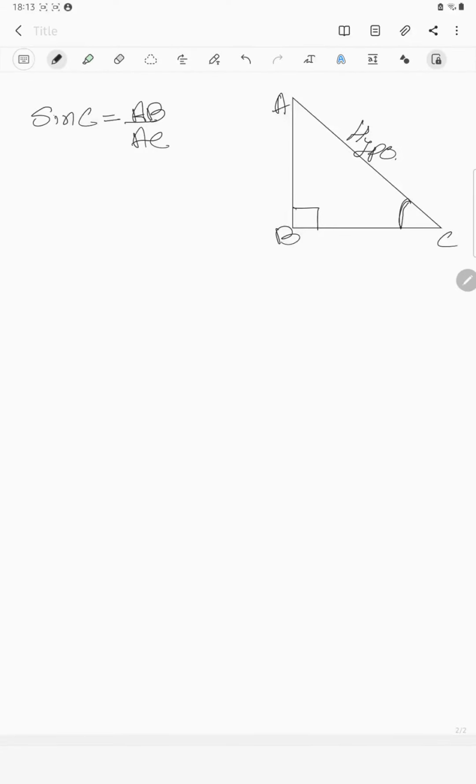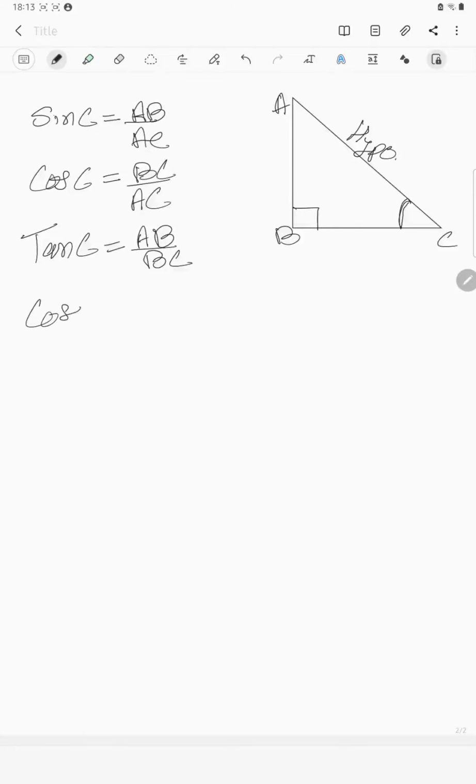Then cos C is equal to adjacent upon the hypotenuse, so we have BC upon AC. These are the trigonometrical ratios. Then tan C is equal to opposite upon the adjacent, so it is AB upon BC.